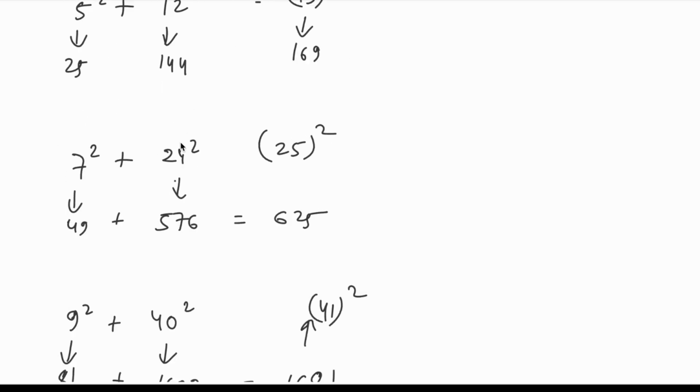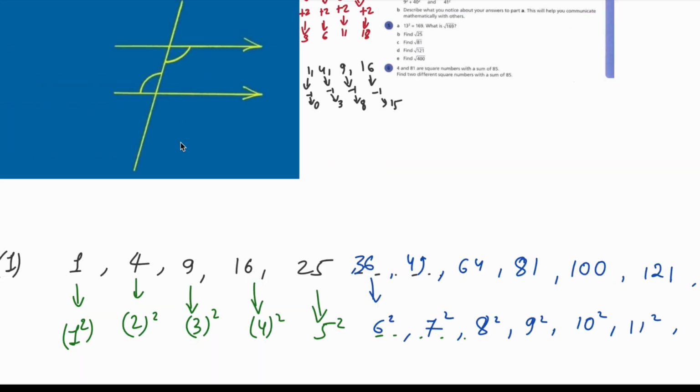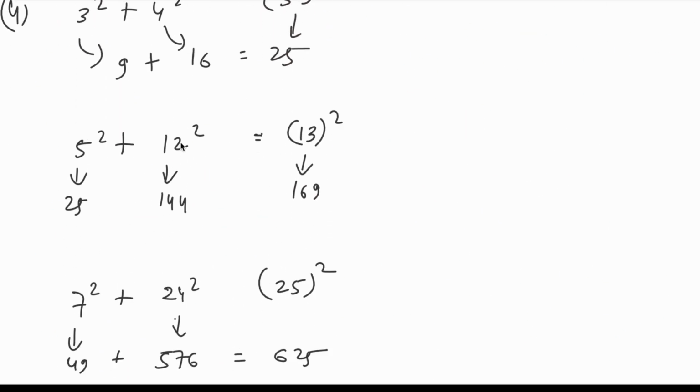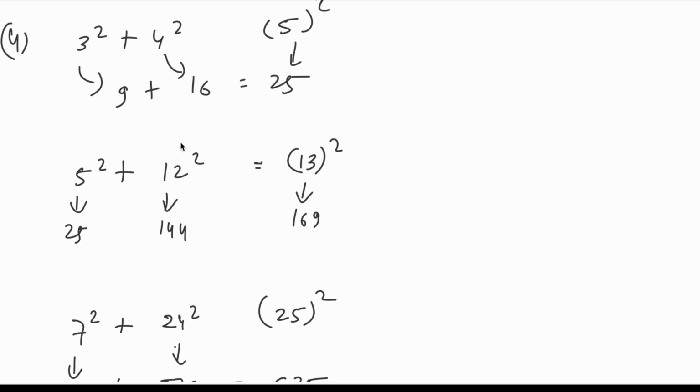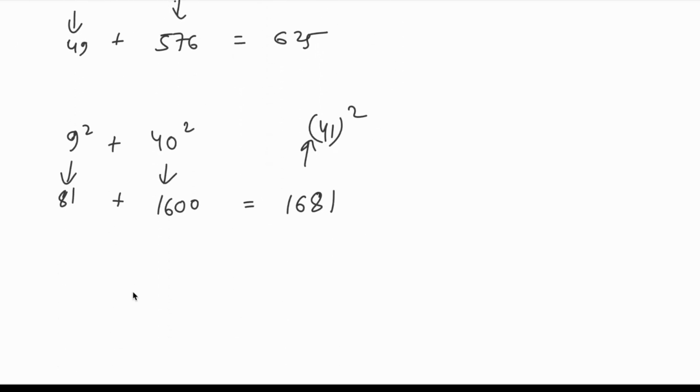Okay, now come to the next question, which is B. Describe what you notice about your answer to A. What we have noticed in answer A, here is 5 square, 13 square, 25 square, and we are just adding these, right?